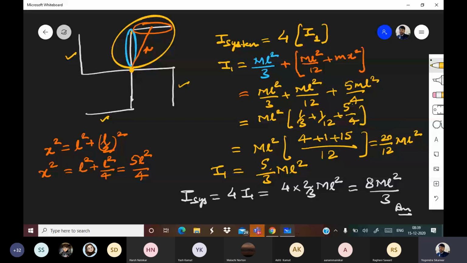So 5 by 3 ml square, and 5 into 4 will be 20 by 3 ml square. Okay. You were talking about this, Rishikesh? So it should be 20 ml square by 3.